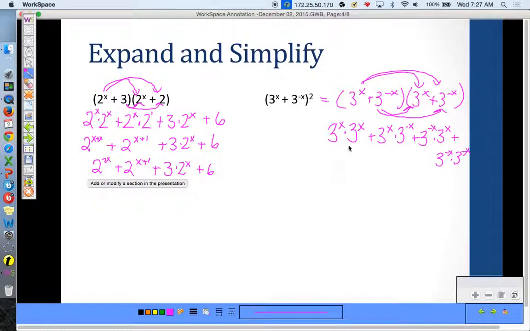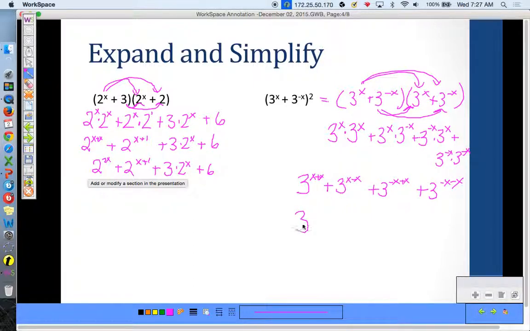Well, x plus x, our bases are the same, so 3 to the x plus x, plus this middle one, 3 to the x minus x, plus 3 to the negative x plus x, plus 3 to the negative x minus x.